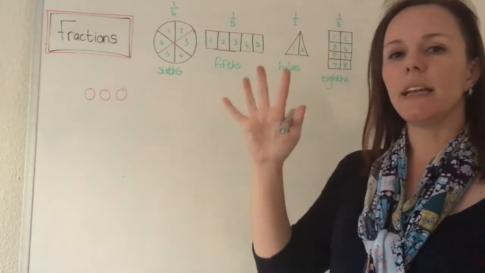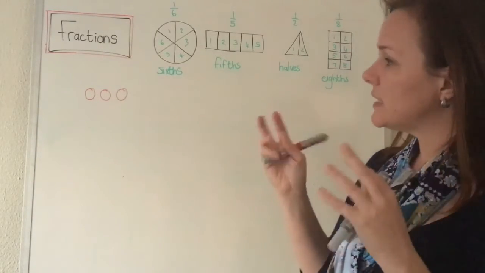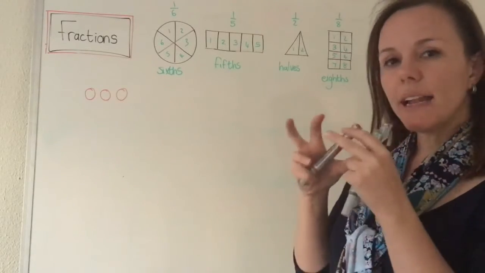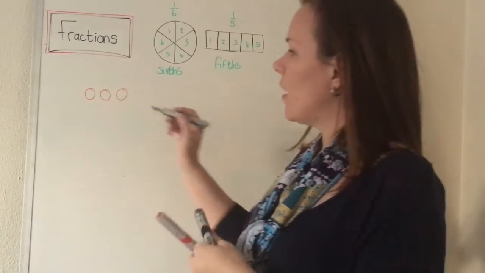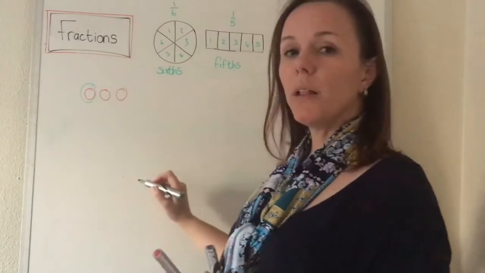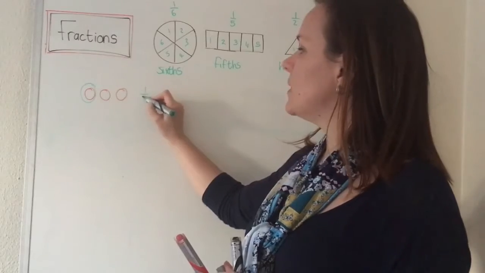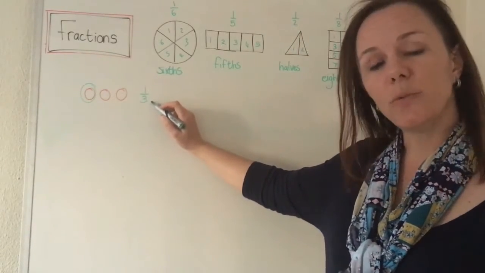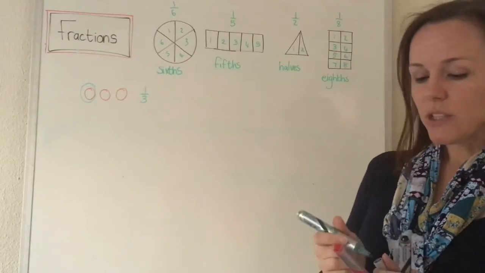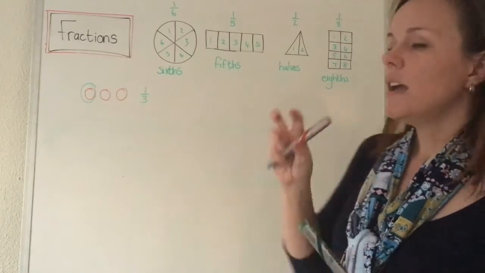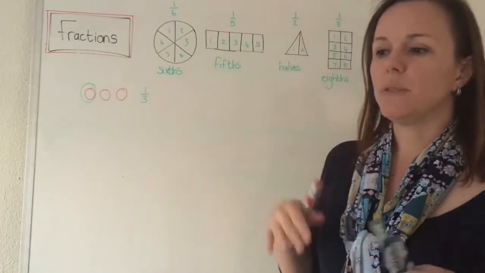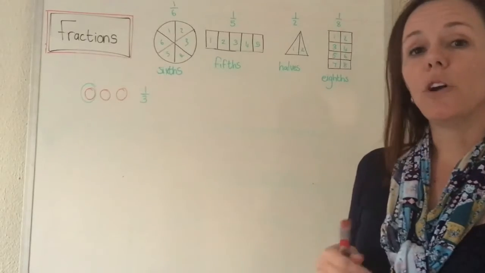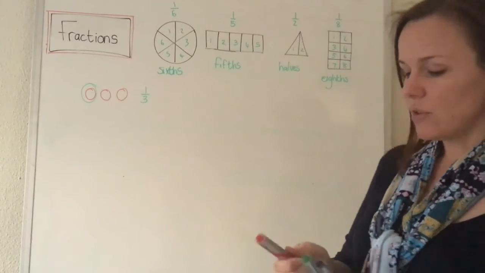But if I see it as a whole, let's pretend it's a packet of sweets or a group of sweets, that is one whole. Then one of these sweets will be a third because it is one sweet out of the 3 sweets that I have. So if I have to divide certain objects between people, I can do it this way and work out what fraction each person will get.